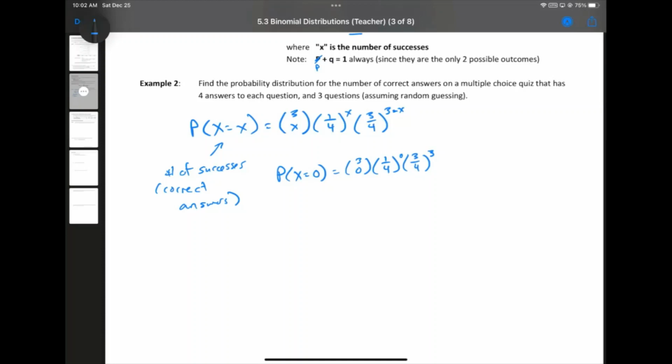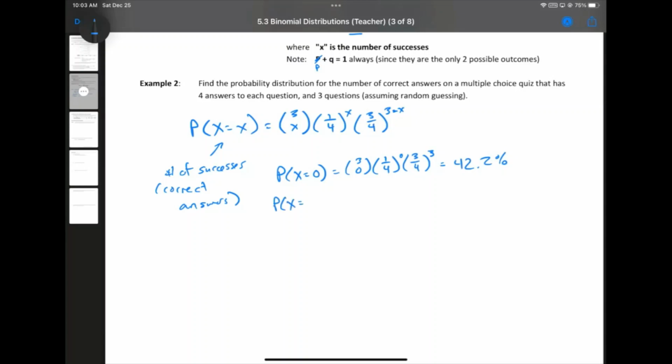When I plug this into my calculator, 3 choose 0 does nothing. That's just 1. 1/4 to the 0 does nothing. That's just 1. So we just type in 3 divided by 4 to the exponent 3. And that's 0.42, and it's going to round up to 42.2%.